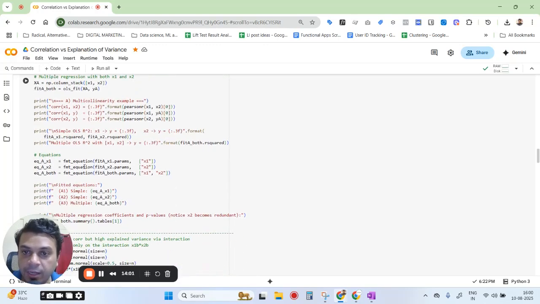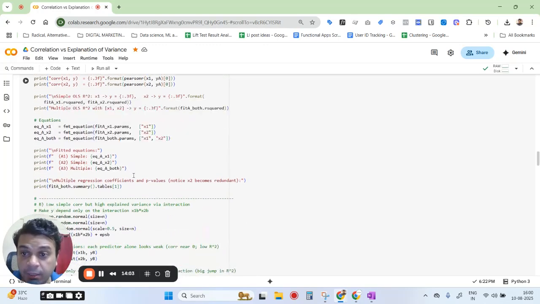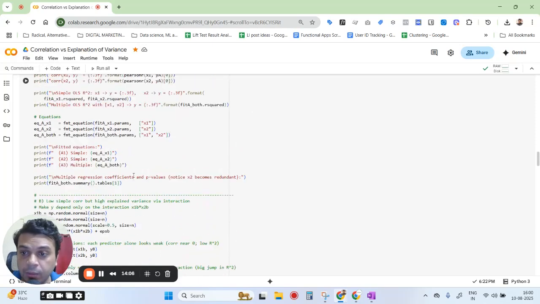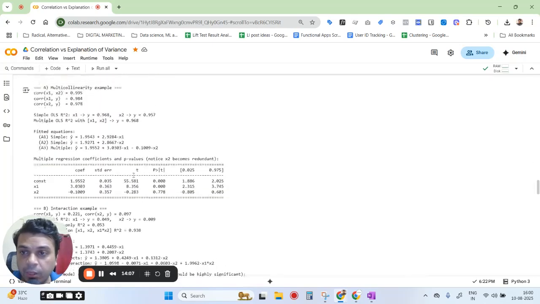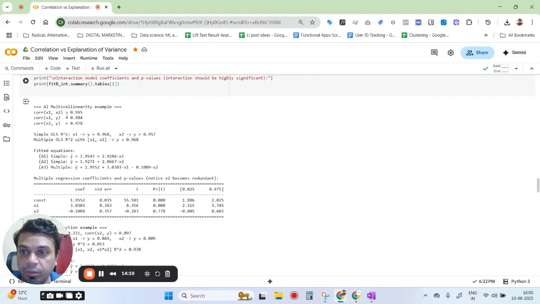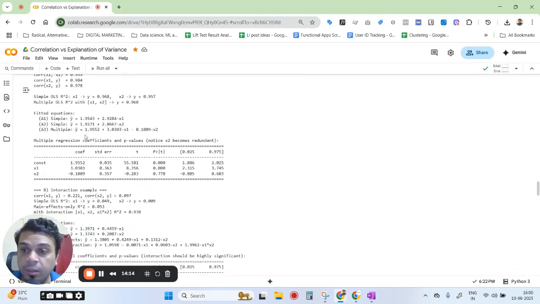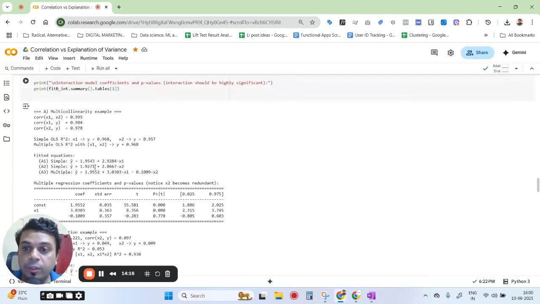And if you actually look at the output here of the regression example, 3 regression models have been fitted. The first one is simply between x1 and y, the second one is between x2 and y, and the third one is where we have both x1 and x2, and then we have y.